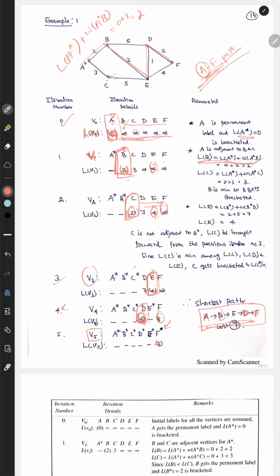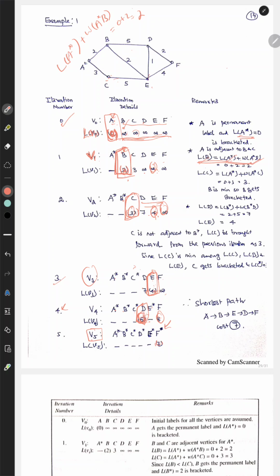So you can check any other path you take, its weight will be more. So if I take, say, this one, 3, 5, 8, now itself it is 8. So the shortest path cost or the edge weight is 7, right? So any other path you take will have more edge weight among the AF paths.